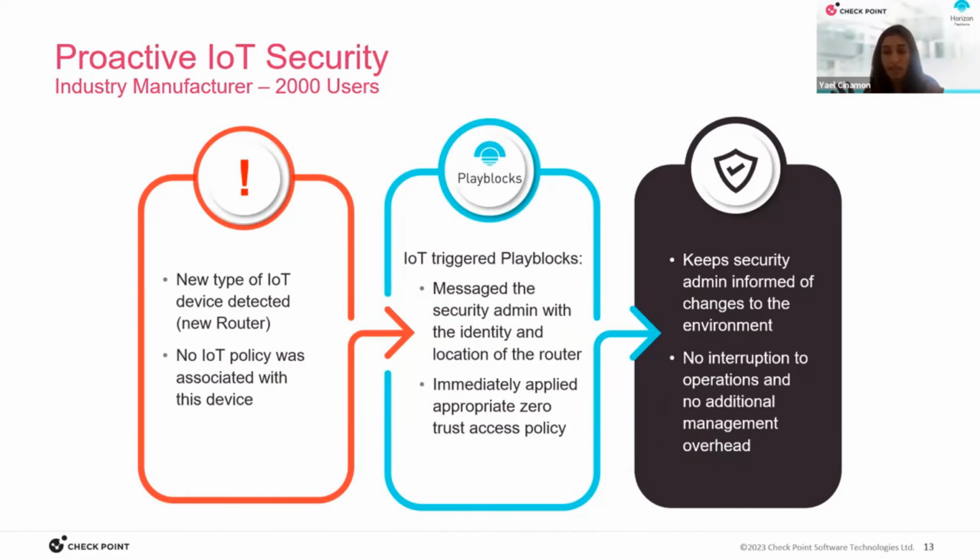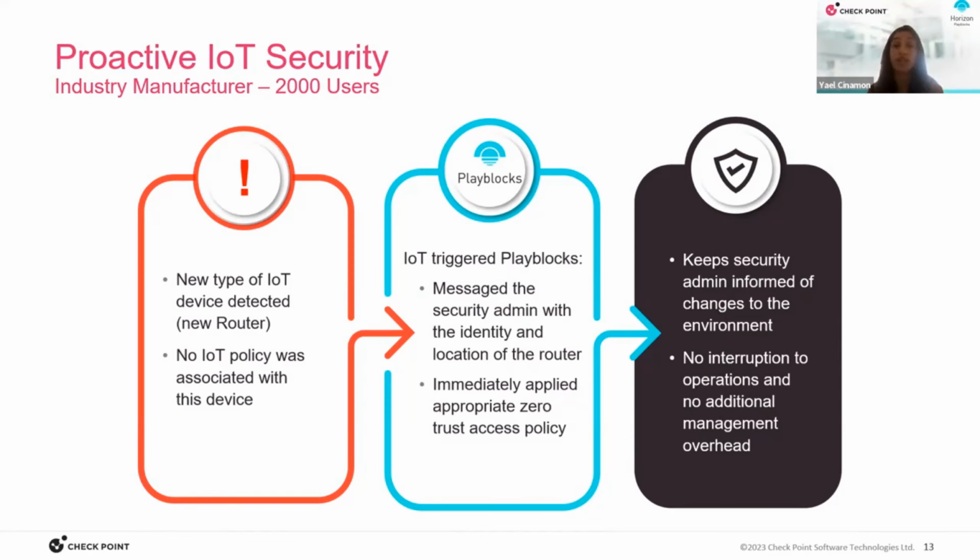So it kept the admin really informed about the changes happening in the environment. And of course, there was no interruption to operations and no additional management overhead needed, because everything happened automatically. We identified the IoT device as a new type. The IoT device by itself didn't know where it belonged, but that triggered Playblocks to take the needed action to make sure everything is in line, and the admin is just notified about what's happening.